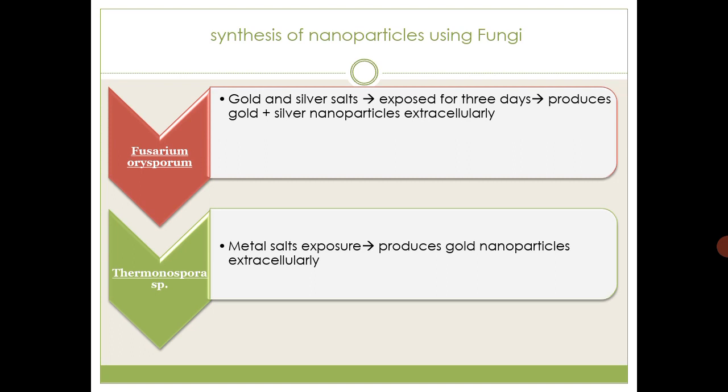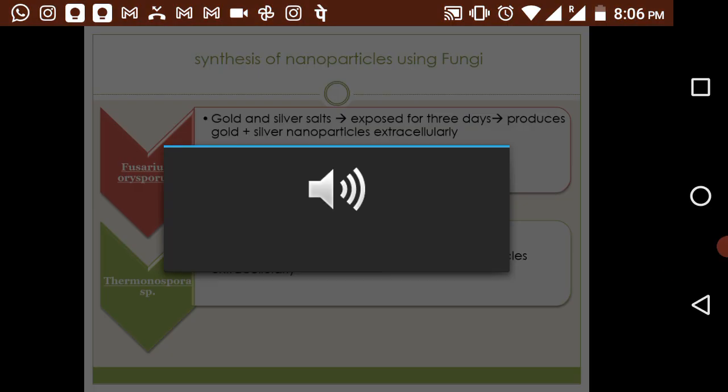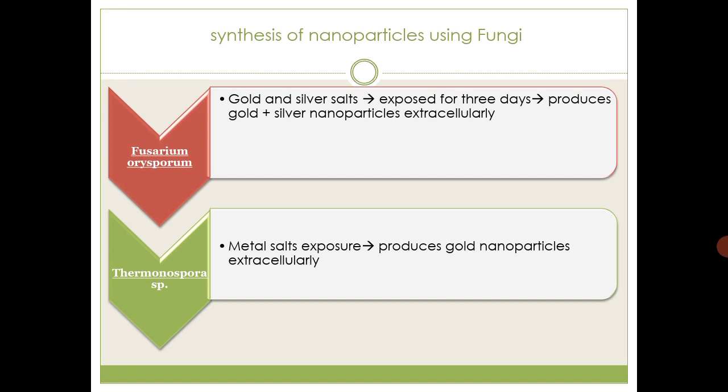Now these strains can use one of the mechanisms that I have mentioned earlier, the 4 mechanisms that are used by the microorganisms. So they can use one of these mechanisms to synthesize the nanoparticles. Now the second fungus, that is the second species, is Thermomonospora. The Thermomonospora is an extremophilic actinomycete.